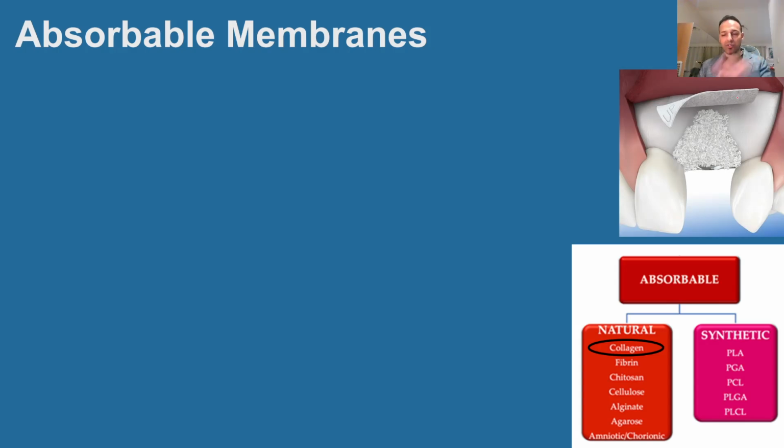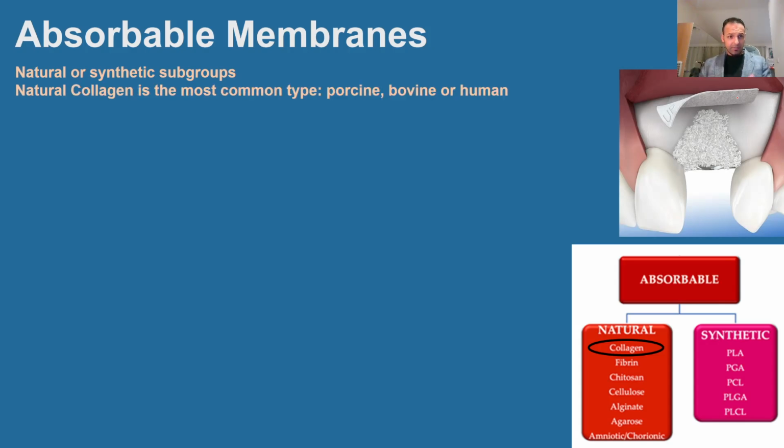It's meant to be for osteoblasts, and the smooth surface is for the soft tissue to sit against. And we can see that within the natural and synthetic subgroups, collagen, being the natural one, is the most common type that's used in dentistry.